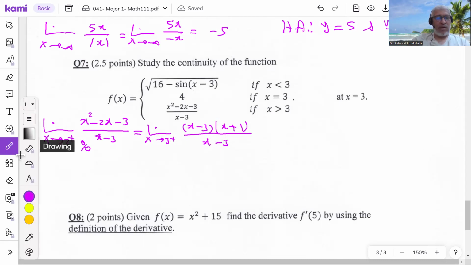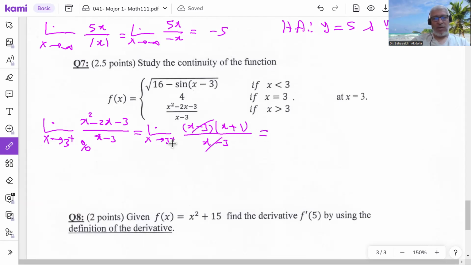Now you can cancel x minus 3 with x minus 3, and you can replace x by 3. 3 plus 1 is 4, and this is equal to f of 3. So the function is continuous from the right. You can say that f is continuous from the right, if you like.